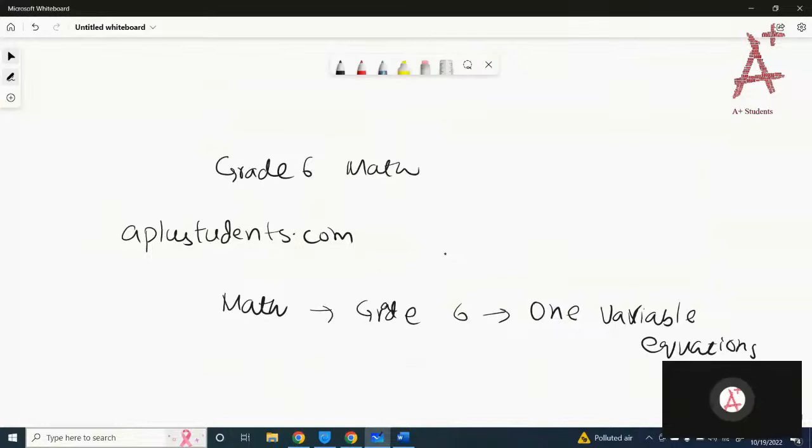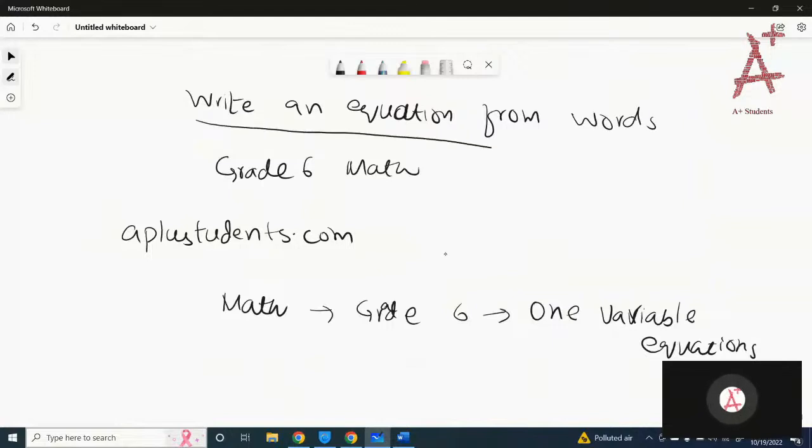And the topic we're going to start with is write an equation from words. So before starting the next topic, please make sure you have your notebook and pencil so that you can note down the important points on your notebook. Got it?